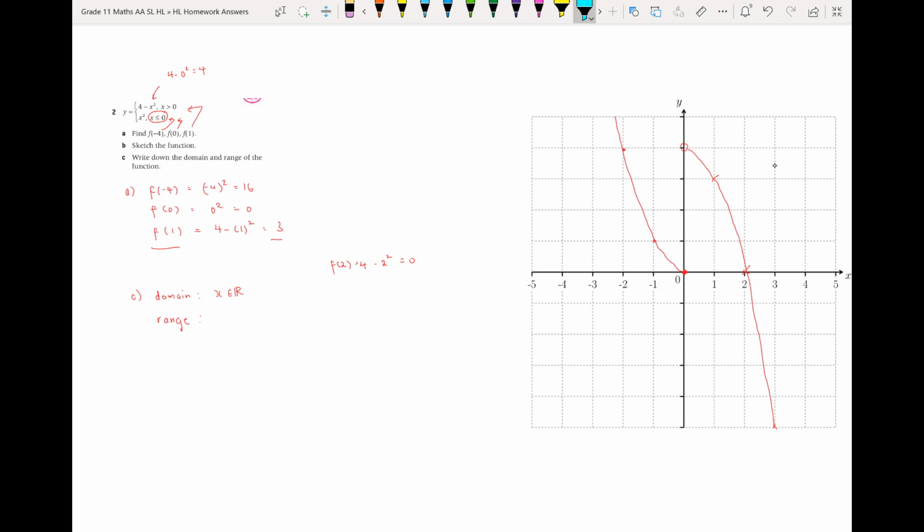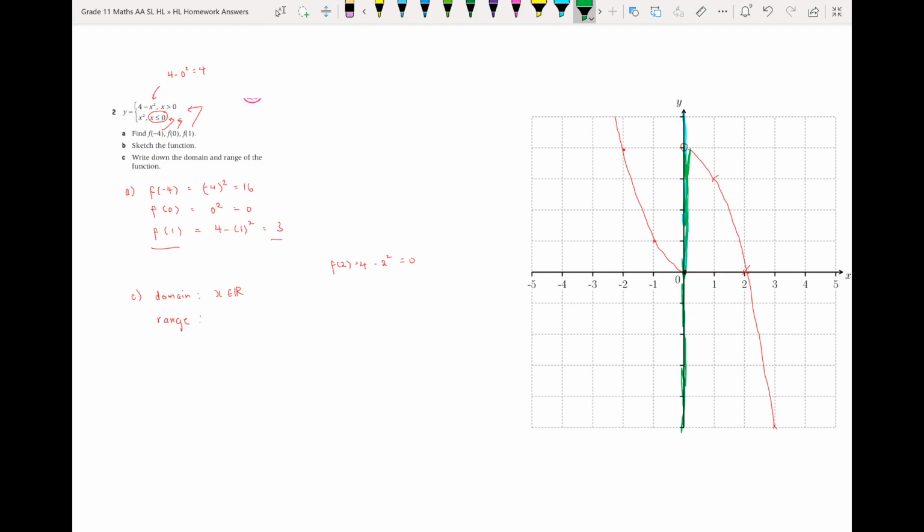So the left piece covers everything that is above or equal to 0. Let me draw it. So for the left piece, we have all these as the range, right? Whereas for the right piece, we have this to be our range.